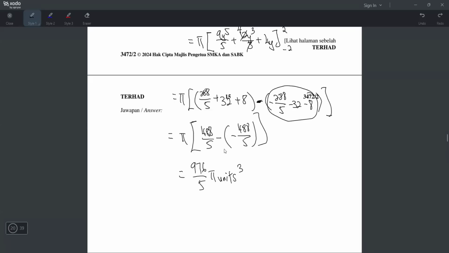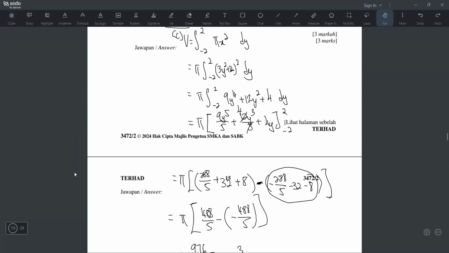Okay, I'm looking at the schema, but the schema gives something different. So what happened? Let me double check. Did I make a careless mistake here? 3y squared plus 2 to the power of 2.